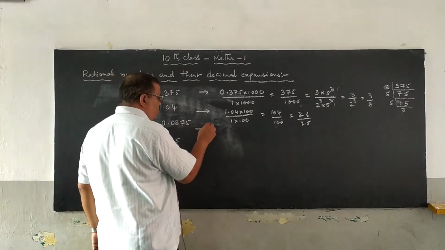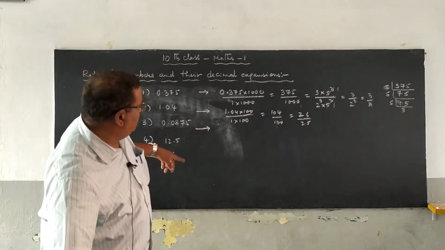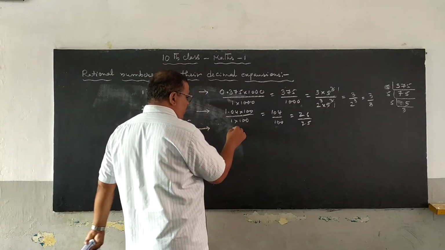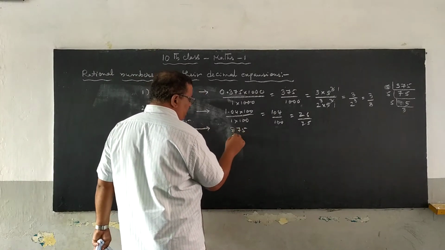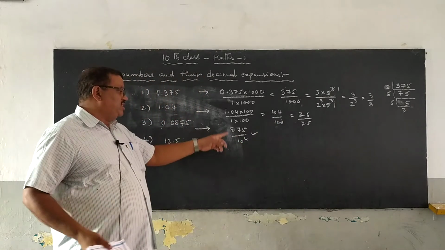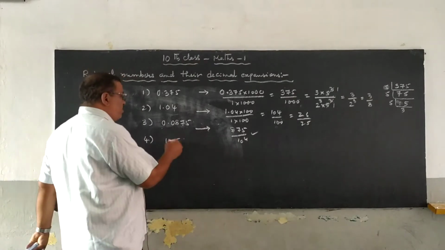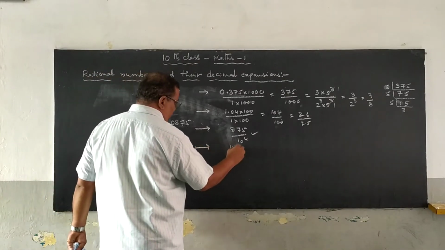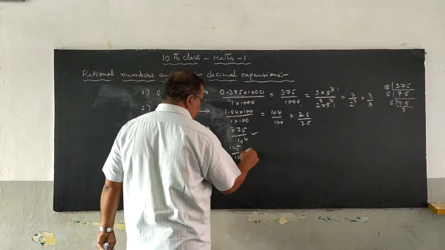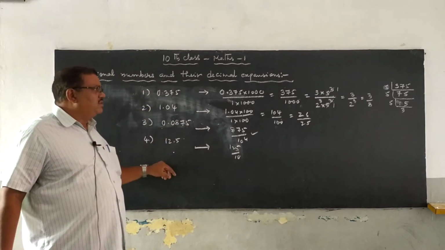Similarly, you have to do 0.0875. In the same process, you get 875 by 10 power 4. This is the rational number. After doing cancellations, we get the lowest terms. Now 12.5 also, 125 by 10. So these are the rational forms of the decimal numbers.